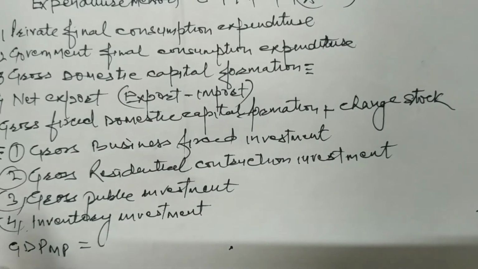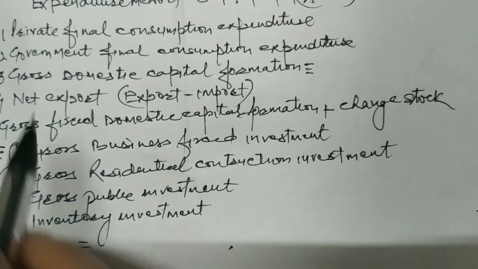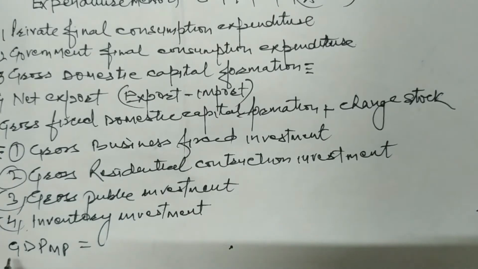So if we have this GDP at market price by expenditure method, then how do we calculate national income from GDP at market price? If we add all these components together, we will have GDP at market price.